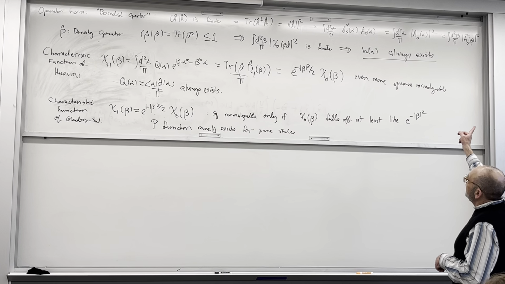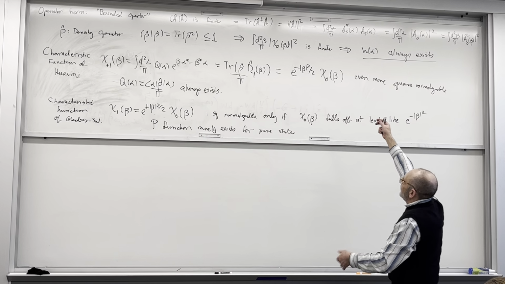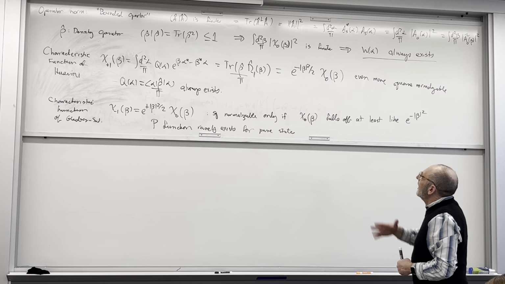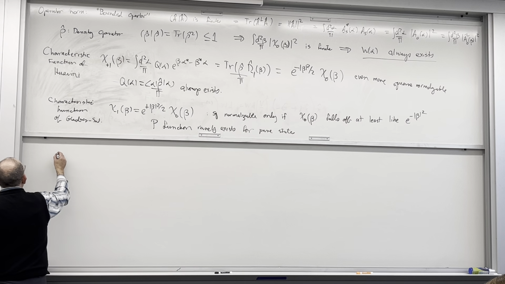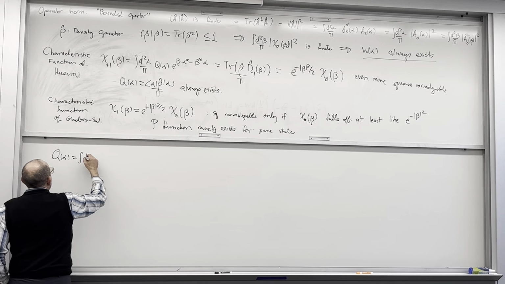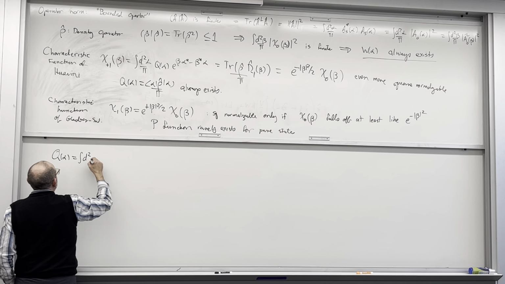So now these relationships here tell us relationships between the different quasi-probability distributions. For example, the Q function is the Fourier transform, or the inverse Fourier transform, of the characteristic function.